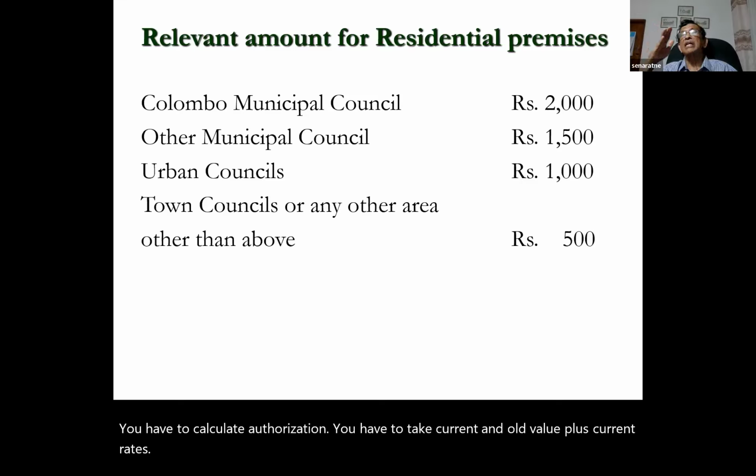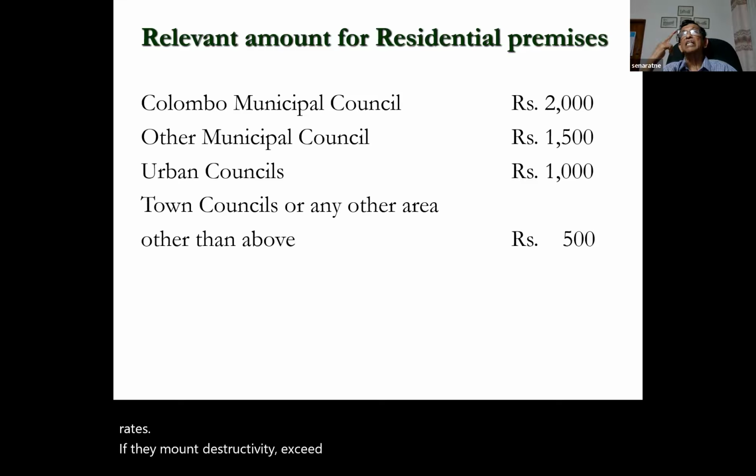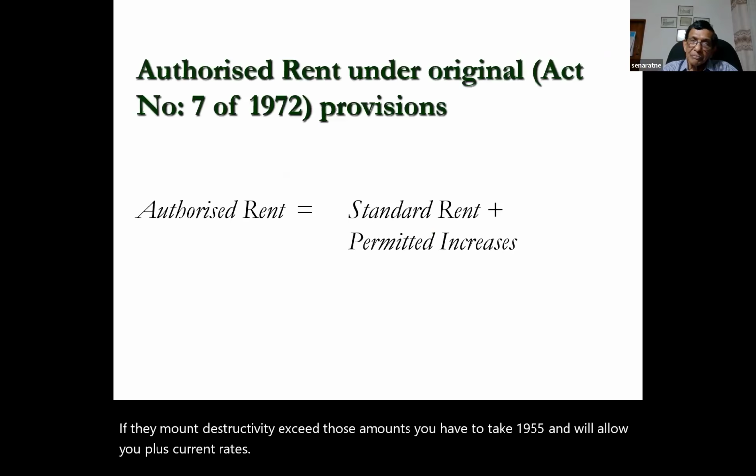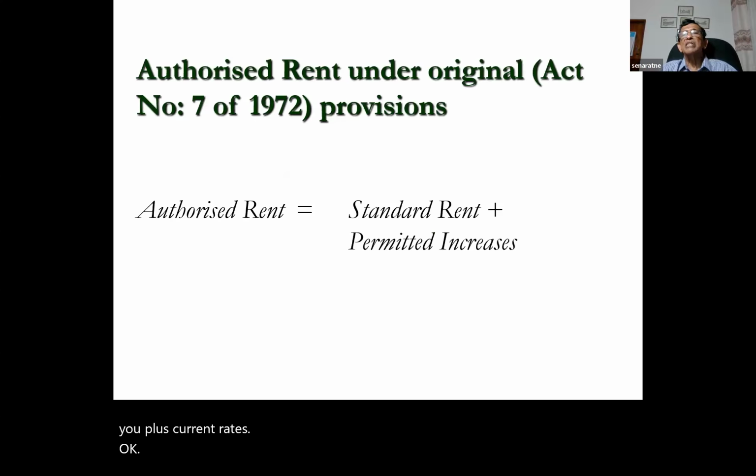If the amount does not exceed those amounts, you have to take the 1955 annual value plus current rates. So the authorized rent under the original Act 1972 provisions, generally, Section 6 of the Amendment Act number 55 of 1980 says the rent that can be recovered should be the higher rent that is calculated under the 1972 Act or under 1941-55.